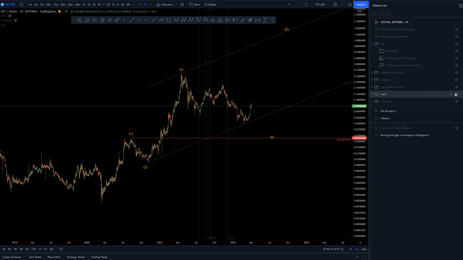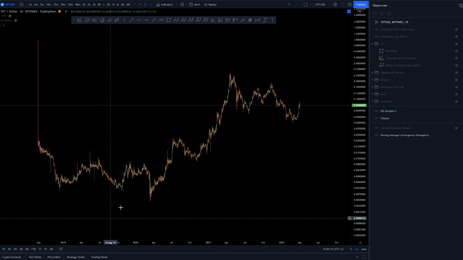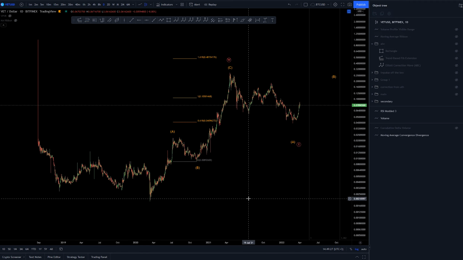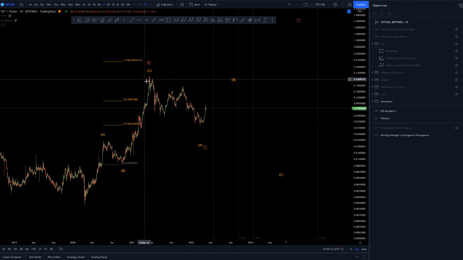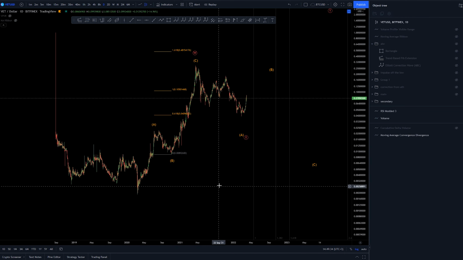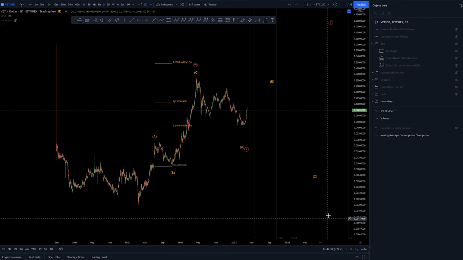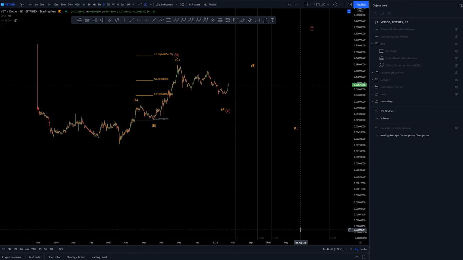Now let's check out another possibility of what this is. As this is a weird structure behind here and we don't have price data or price history back here, it is definitely a possibility that it is just an ABC off of these lows, creating some kind of WXY, or even this could be part of this structure here heading even lower. Logarithmic charts allow us to go all the way down here, which is pretty bad looking.